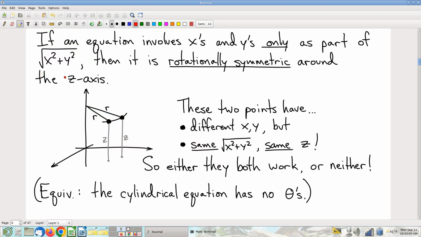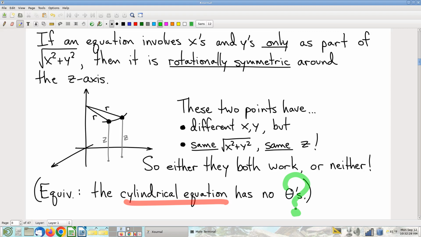If you think about the cylindrical equation, and think about thetas, are there going to be any thetas in this equation? Well, where would theta come from in cylindrical coordinates? The only way thetas could show up is if the x's and y's, you've got r cosine theta, r sine theta. That's where the thetas are going to come from.